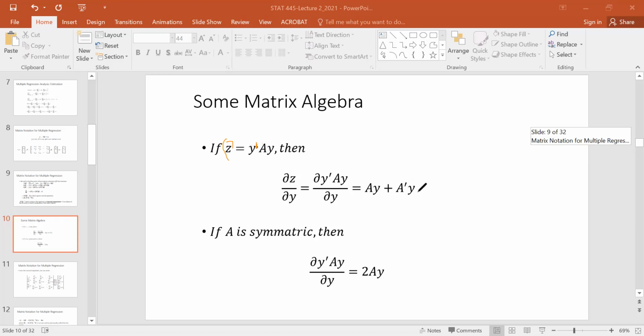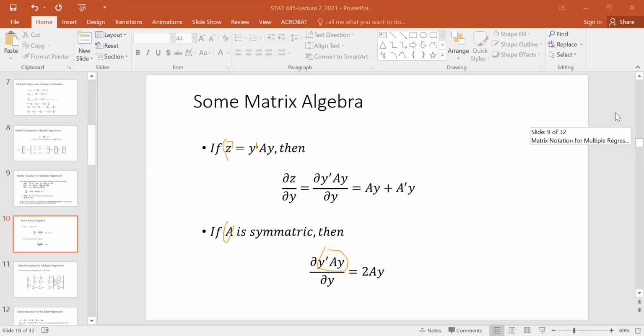It works in matrix algebra. You may have to pick an example to see that. But in particular, if A is symmetric, then this derivative is just twice Ay. So if I'm differentiating something like this with respect to y, where y sandwiches the A, and A is symmetric, the result is just twice Ay.